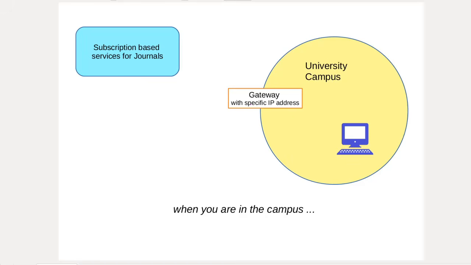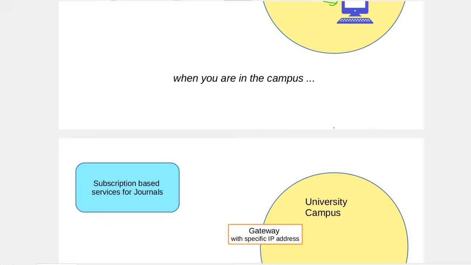When you are working from your campus, your computer is connected through the LAN to the gateway, and this gateway has a specific IP address which is recognized by the subscription service, such as Web of Science. They have already received the subscription payment, so they will provide you the article. Now when you are not on campus, this is not so.